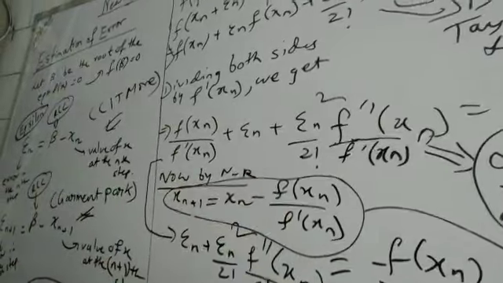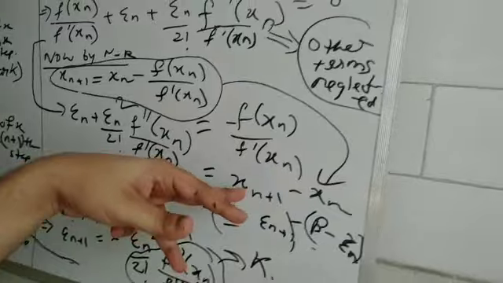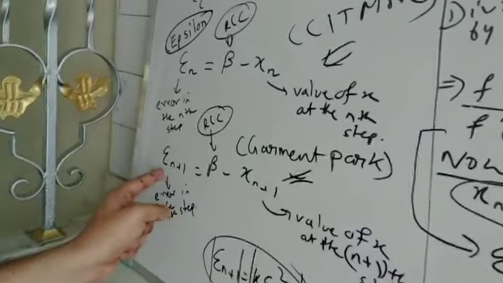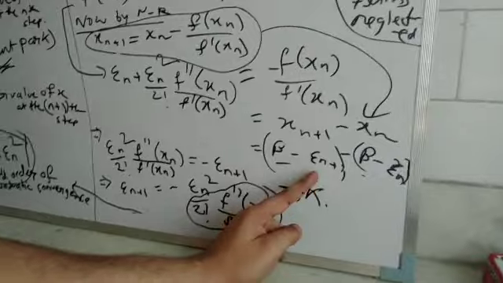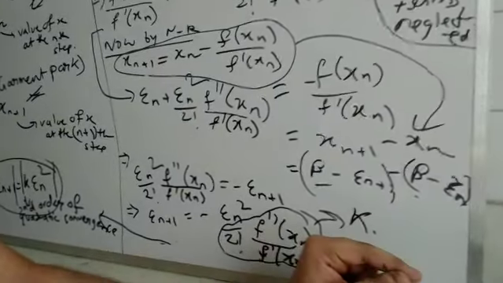Now I have replaced this ratio by this one. What is xn plus 1? Xn plus 1 is basically beta minus epsilon n plus 1, and xn can be written from here as beta minus epsilon n.